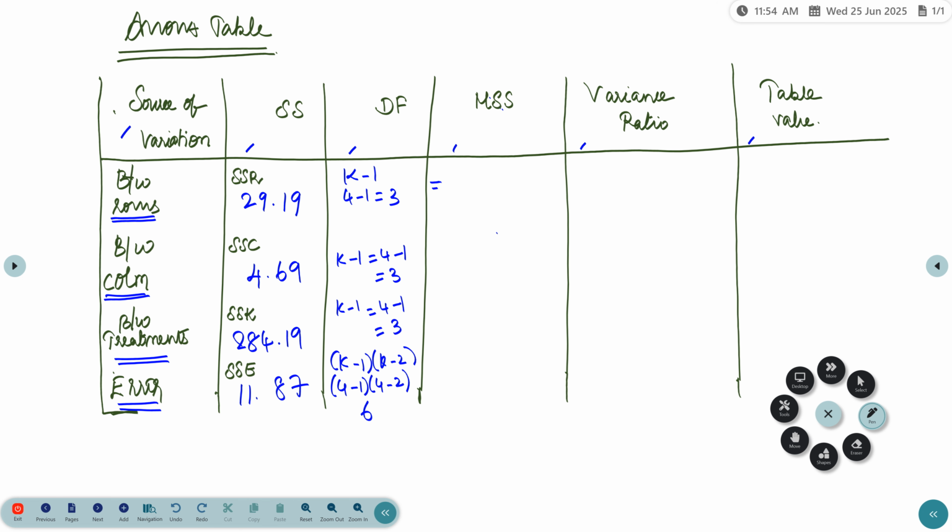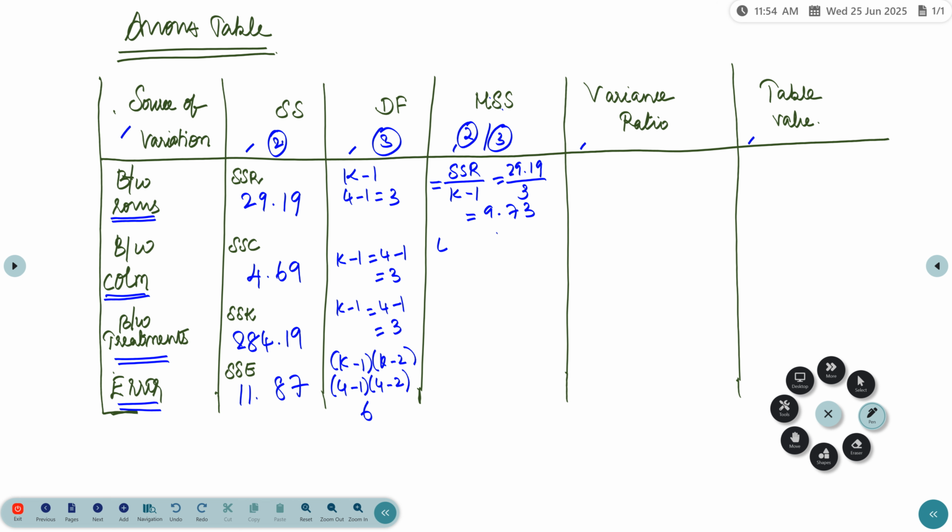Next, mean sum of squares. The formula is SSR divided by K minus 1, that is the second column divided by the third column. So 29.19 divided by 3 gives 9.34.